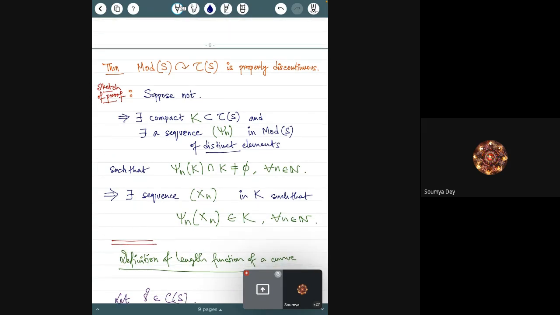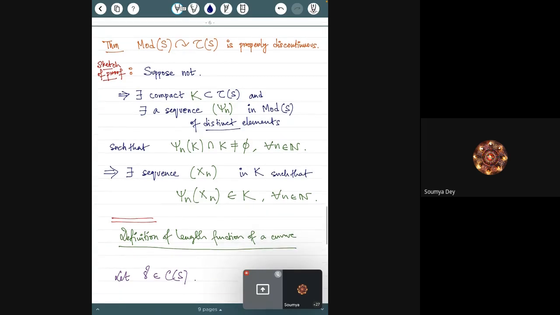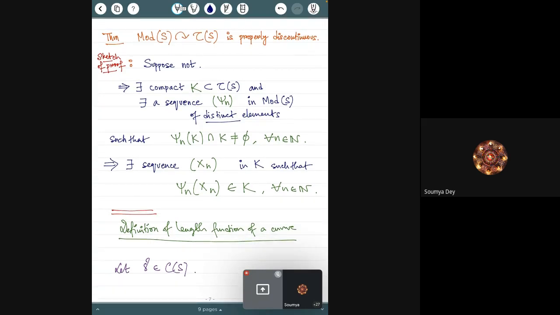Now, in this case, we are acting the mapping class group Mod S on the Teichmuller space, and we want to prove that this is properly discontinuous. I'll not give a full proof, but the main idea is as follows. We go by the method of contradiction. Suppose this action is not properly discontinuous.